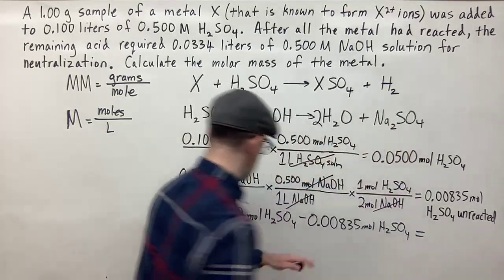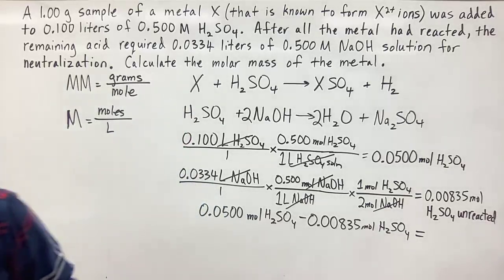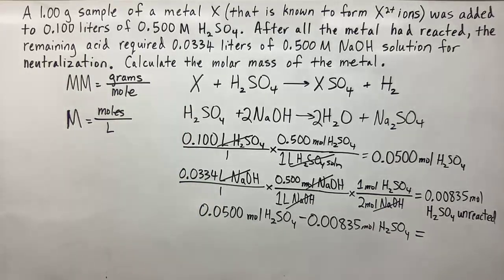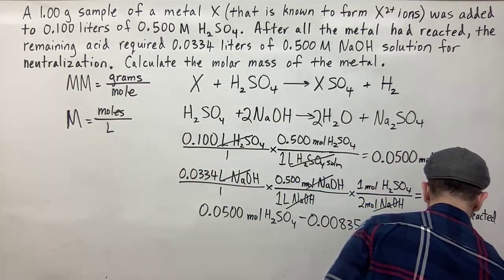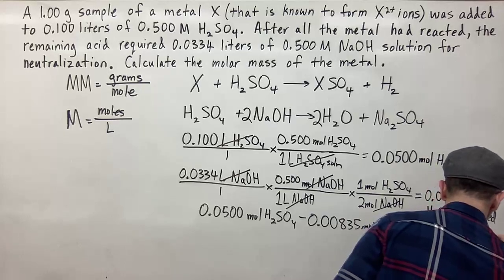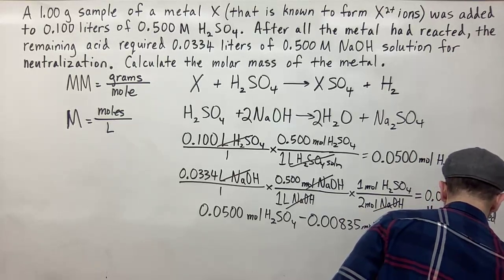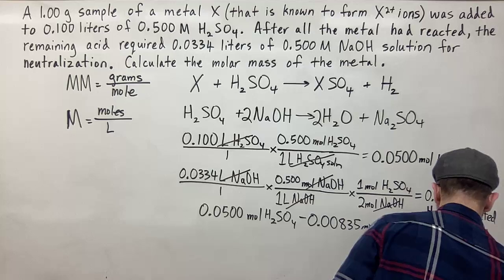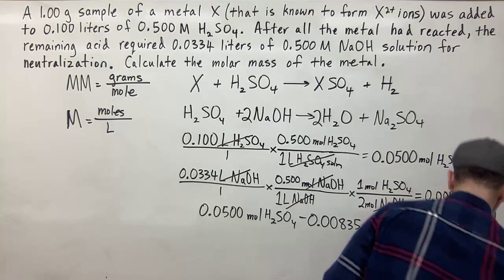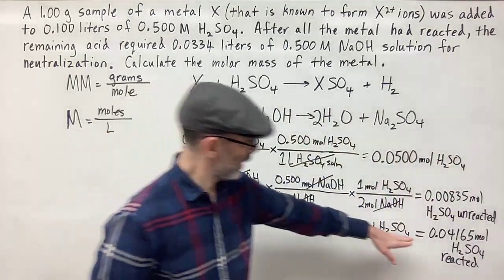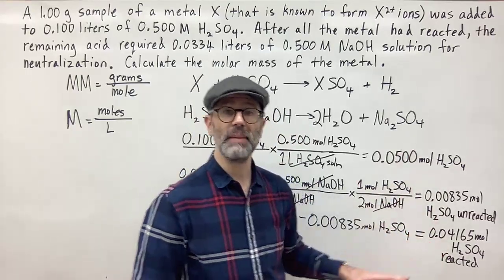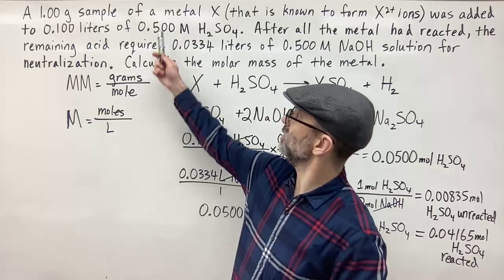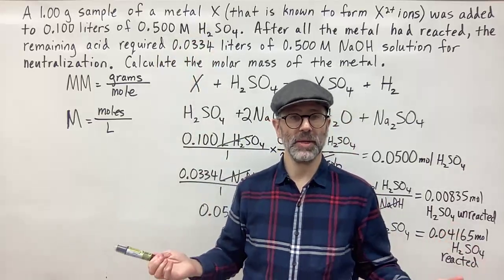And when we subtract those two, we get 0.04165 moles of H2SO4 reacted. So this, ladies and gentlemen, is the number of moles that reacted with the amount of metal X that we were given to begin with.